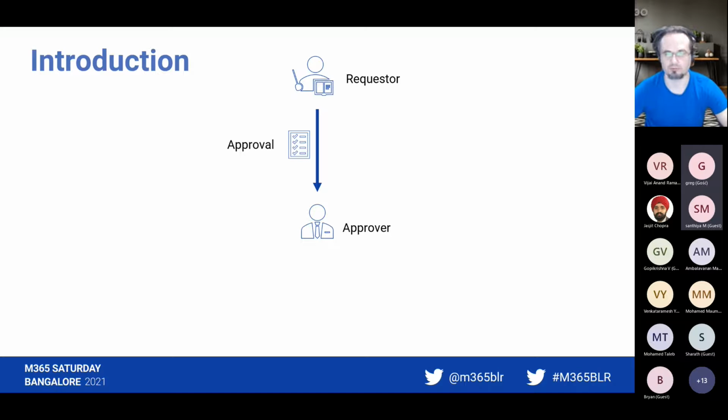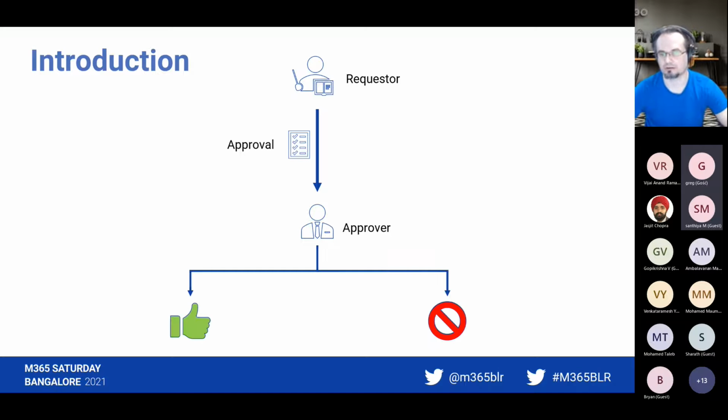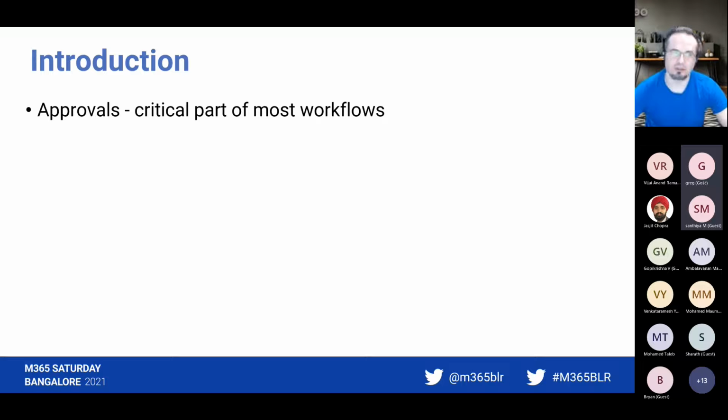So we have a requester, we have an approver, and most likely, in basic scenarios, there are two outcomes: positive outcome and negative one. So yes, no, accept, reject, approve, cancel, etc. In advanced scenarios, there can be more outcomes. For example, yes, no, I don't know, I need more information, etc. But the basic concept is a requester, an approver, and two outcomes, one positive, one negative.